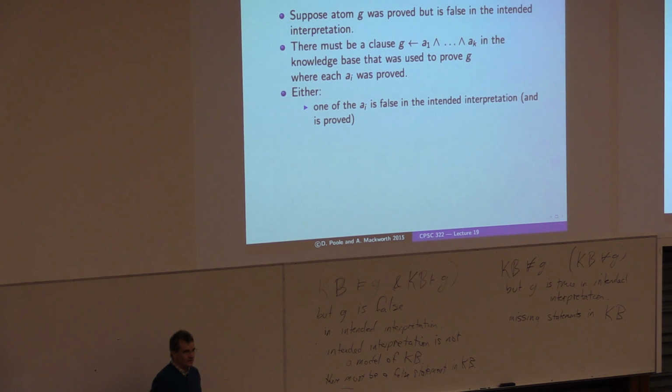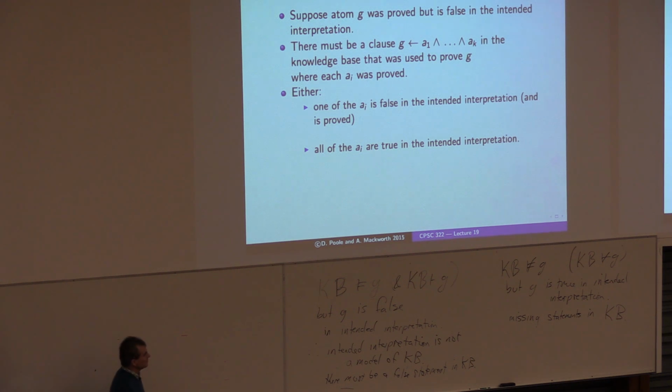What's the other alternative? Either one of them is false, or all of the AIs are true. That's the only two choices we have.